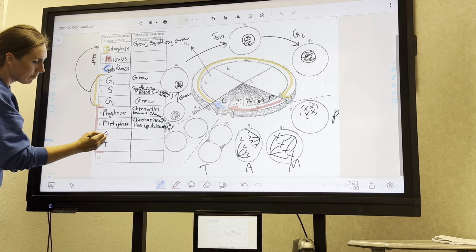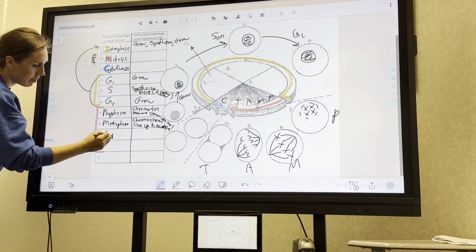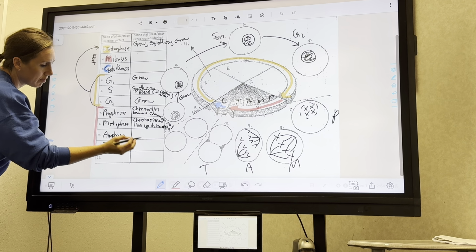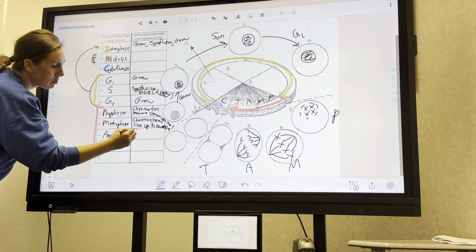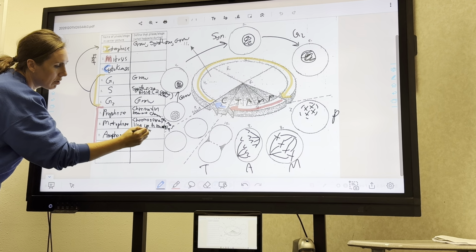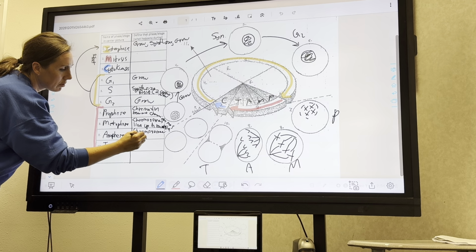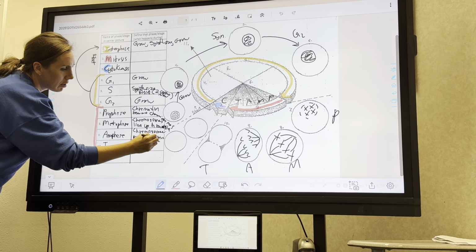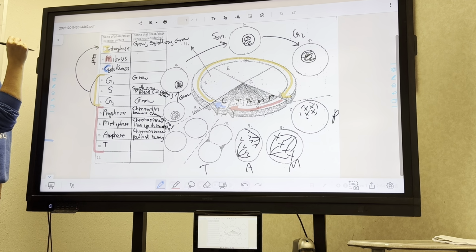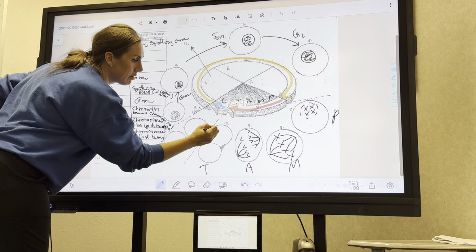Anaphase, chromosomes get pulled away. Okay. Telophase, 2 new nuclei form or 2 new cells form. That's fine.